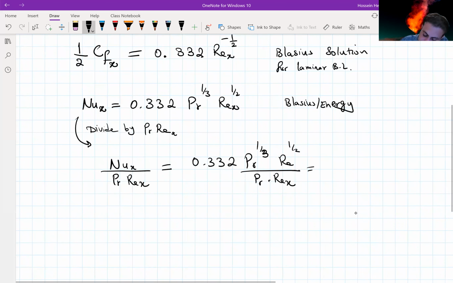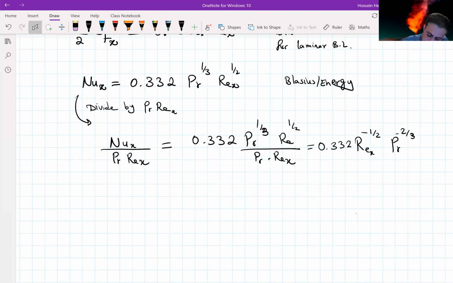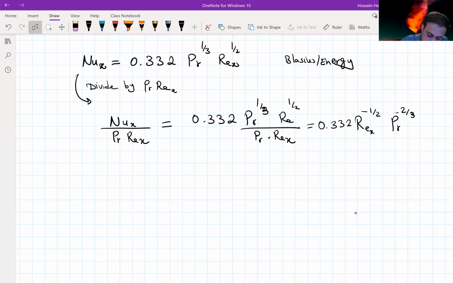The right hand side is going to be 0.332 Prandtl to the power of -2/3 Reynolds of x to the power of -1/2.